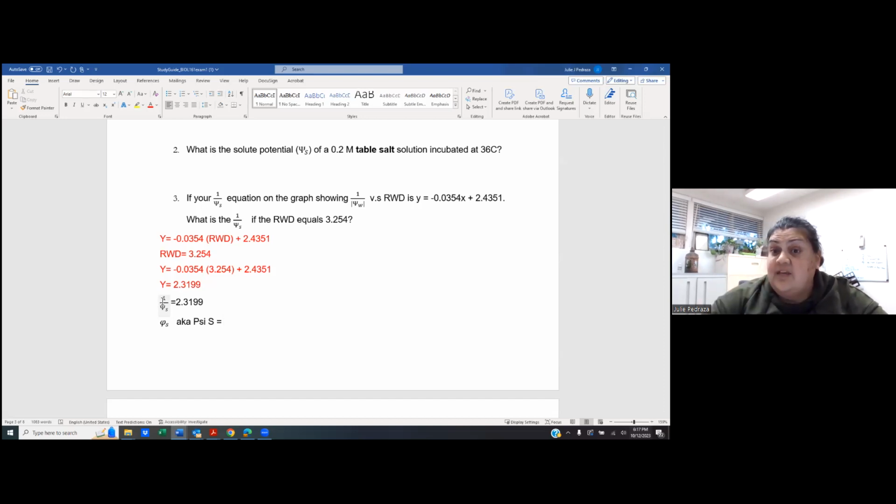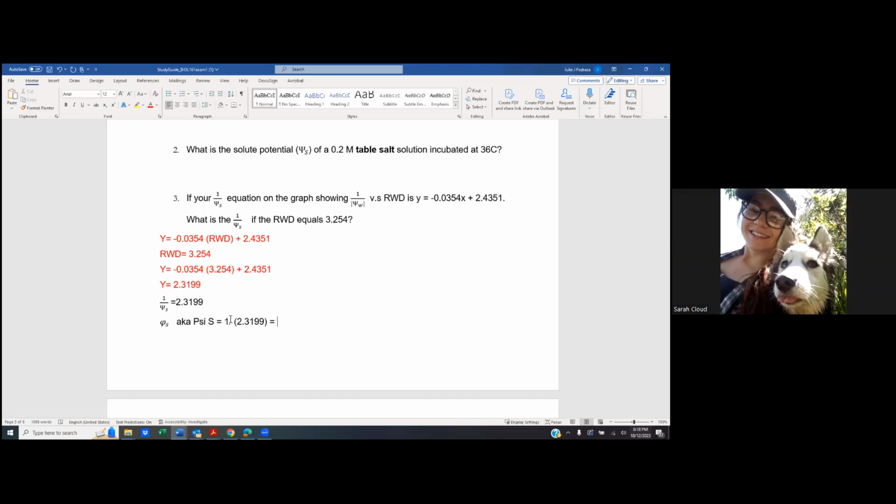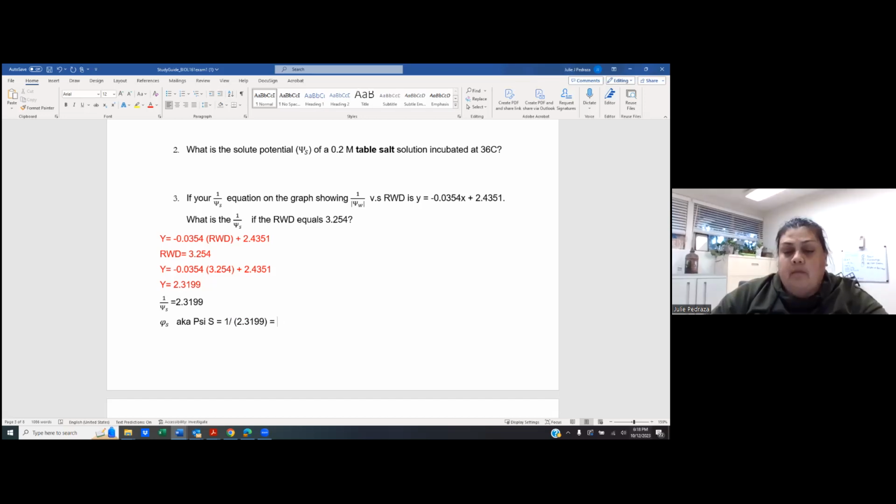Anybody? Thank you, Luca. It's the inverse. And so we have to take this number and we have to divide it by it, which equals what? 0.43 or 0.4311.